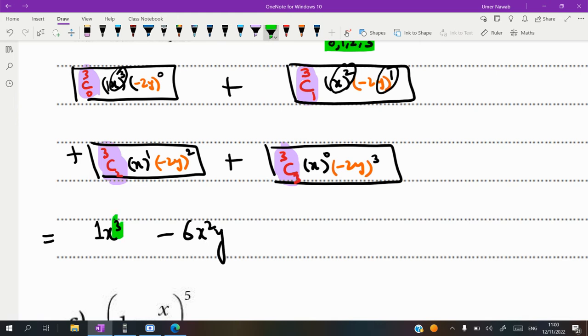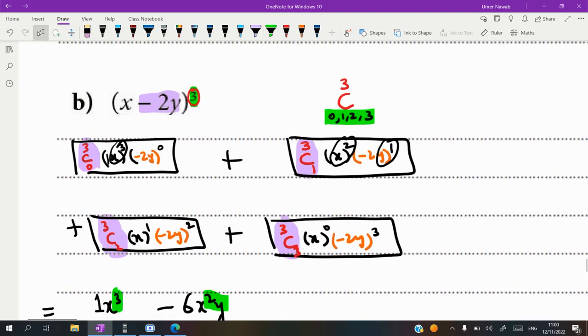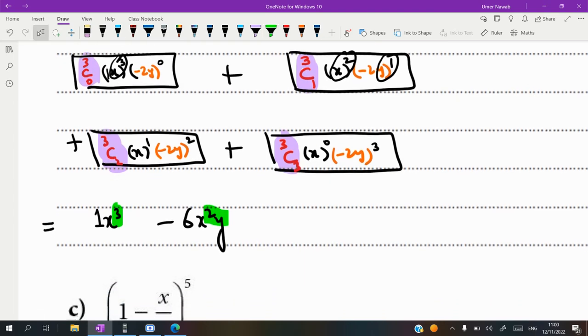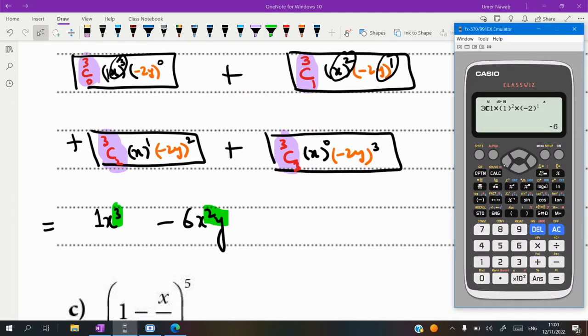Didn't you see the sum of the powers is always equal to the total power n. Next thing, the third term, this will be increased by 1 and reaches 2. This will be decreased by 1 and reaches 1. And I'm going to write here 2.